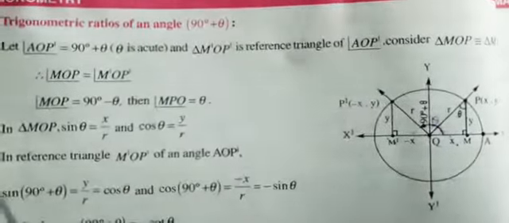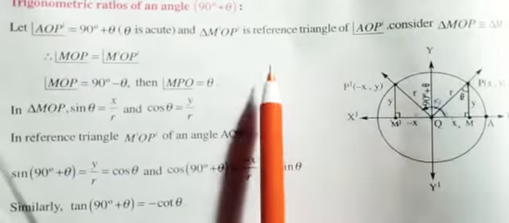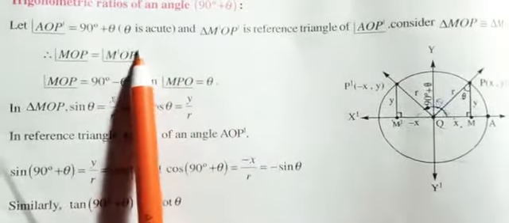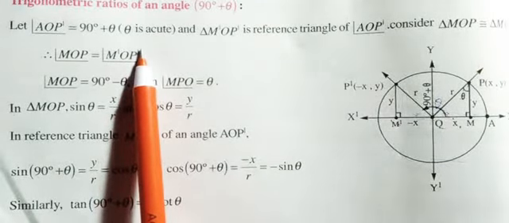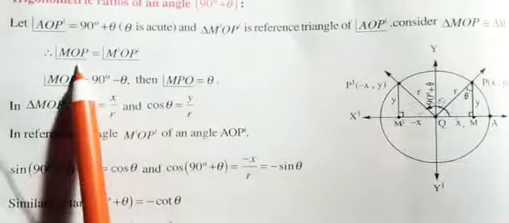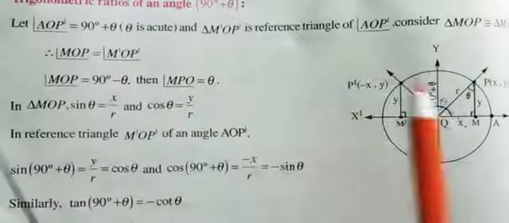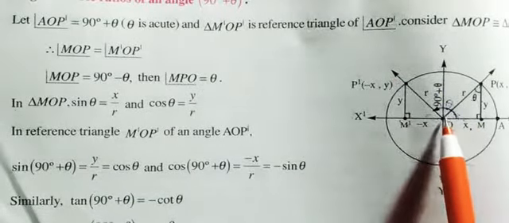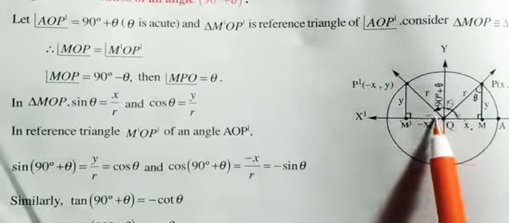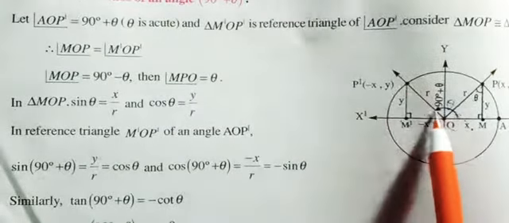Now let us move to the main thing. Angle AOP dash is equal to 90 plus theta, that is given here. Angle MOP from the figure is equal to M dash OP dash, this angle equal to this angle.